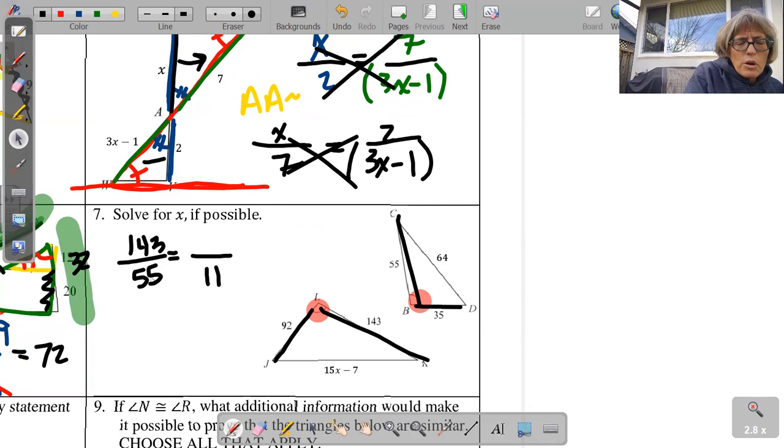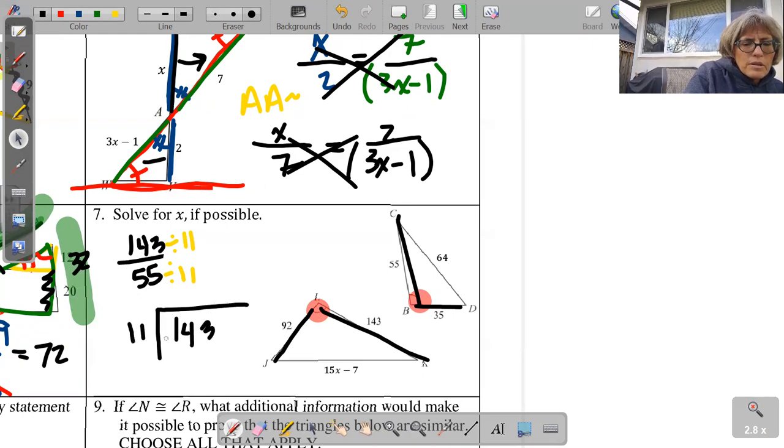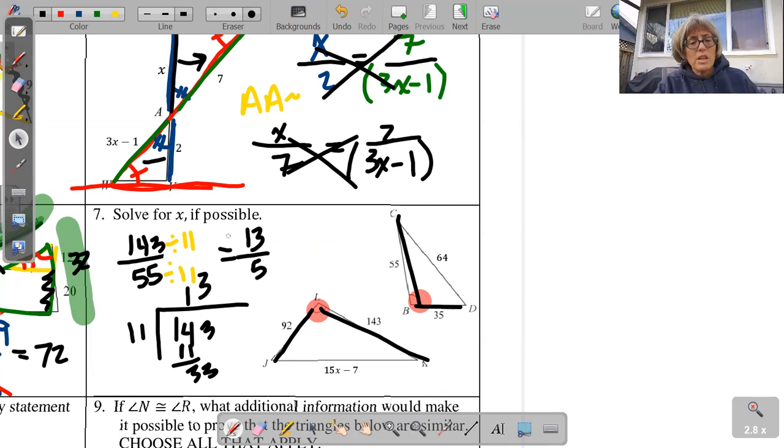Let's see if 11 goes into 143. 143, 11, once, 33, 13. Okay, so 143 divided by 11 is 13. 55 divided by 11 is 5. So I have 13 over 5.